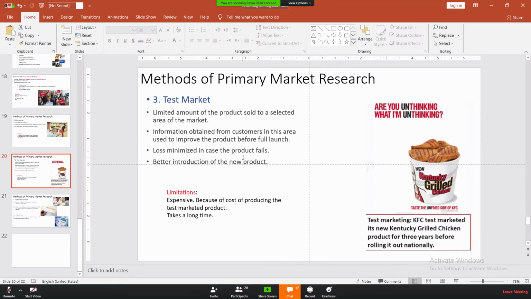They would initially launch it in a state in America, then maybe make it national in America, and then go to different other countries once it's successful. Why? Because it's really expensive. So if it fails, then the cost would be a lot. It might actually endanger the existence of your business. Okay? So I want you to know all that argument for primary market research because it's an important consideration.